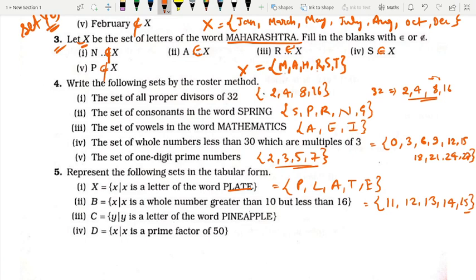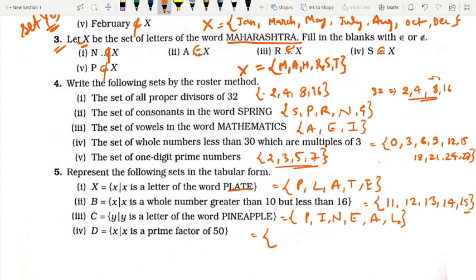Y is a letter of the word pineapple. Okay, so we can write down all the letters. P, I, N, E, A. P has already come, P has already come, L is not here, E has already come, this one is the set.